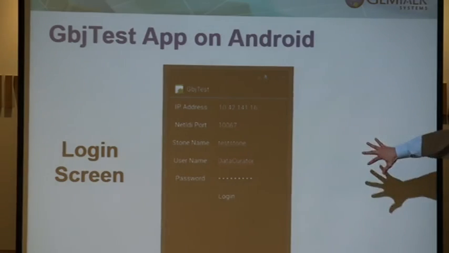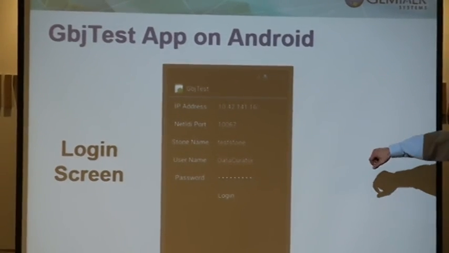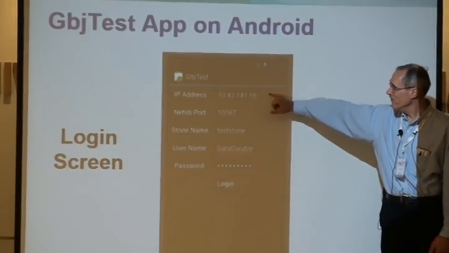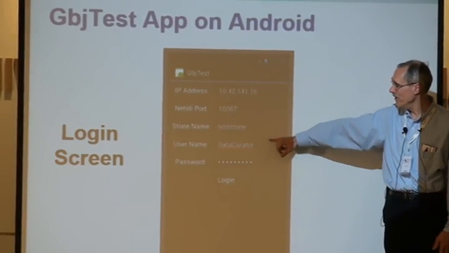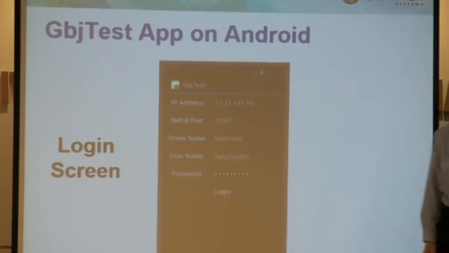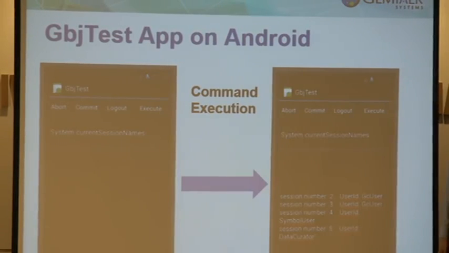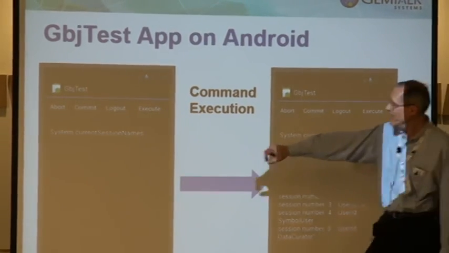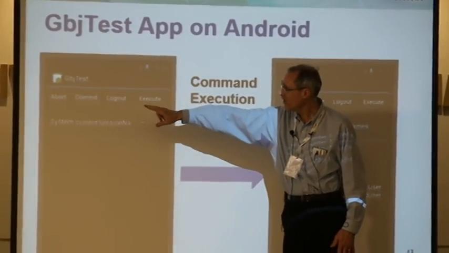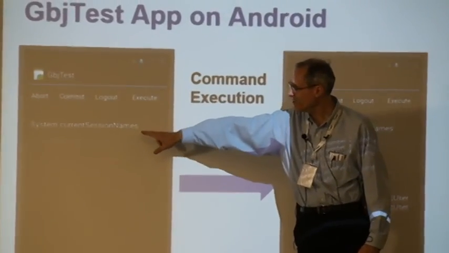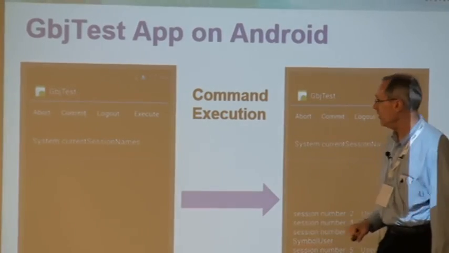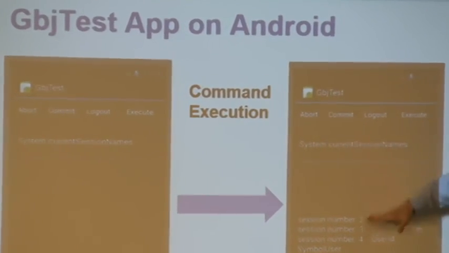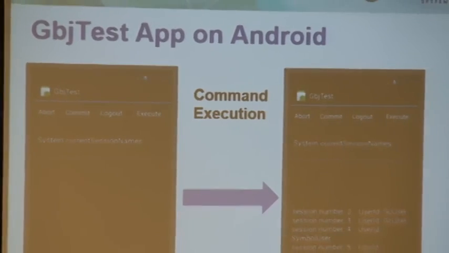For example, we have a test app where you give it some configuration: an IP address, port, stone name, user ID, password, click the login button, and then you have 4 buttons here: abort, commit, log out, and execute. You can type Smalltalk code and click execute, and it will give you the result here.